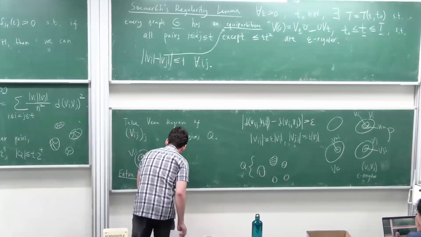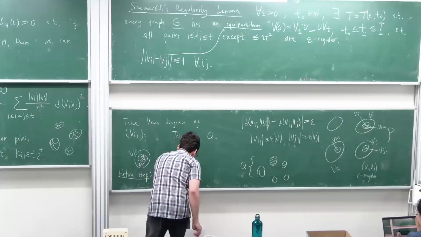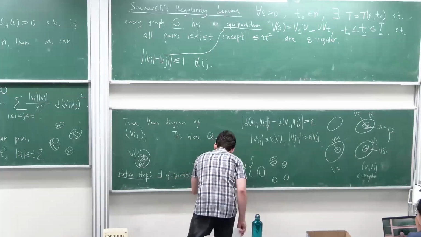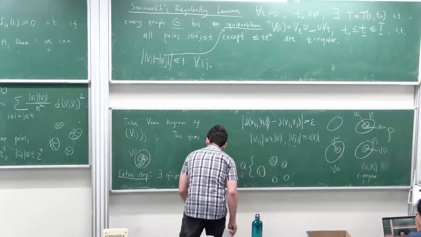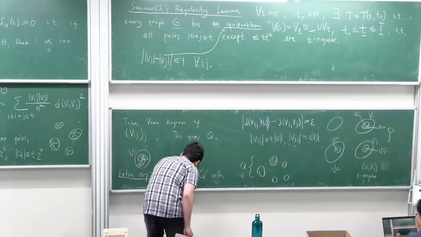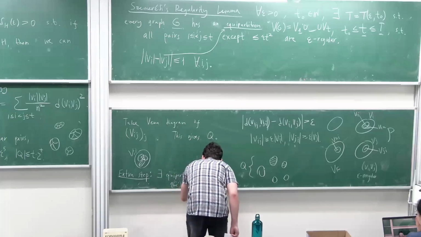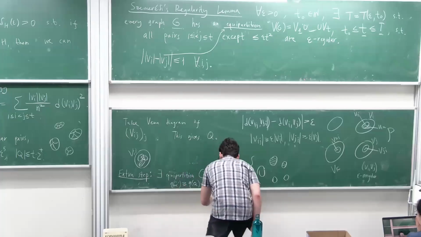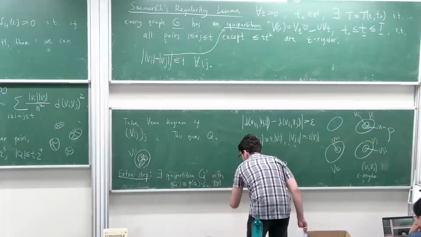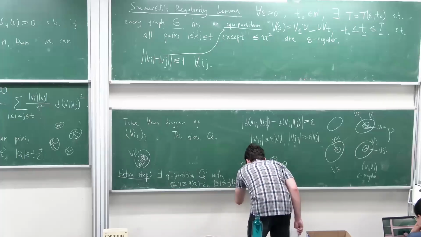So there exists an equipartition Q prime with the energy of Q prime at least the energy of Q minus delta, and the size of Q prime is at most some function of delta and the size of Q.